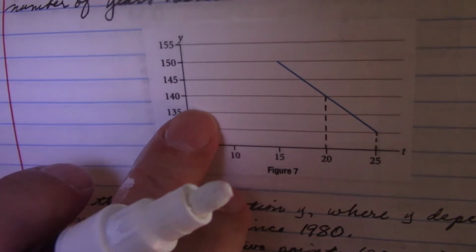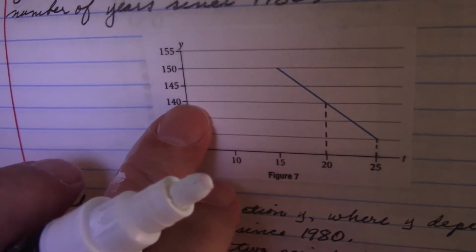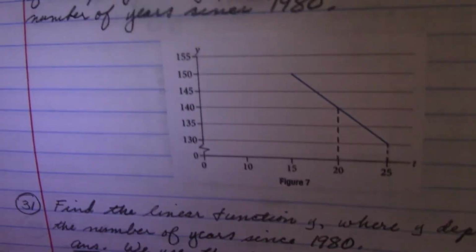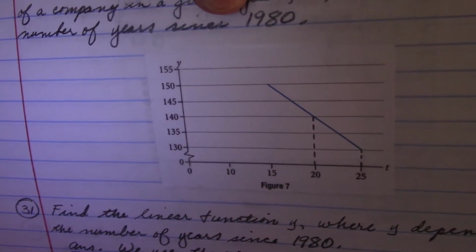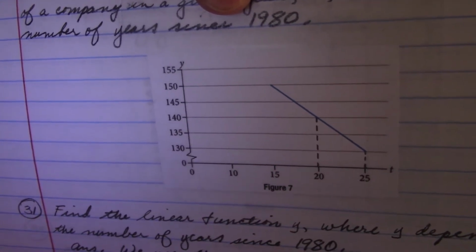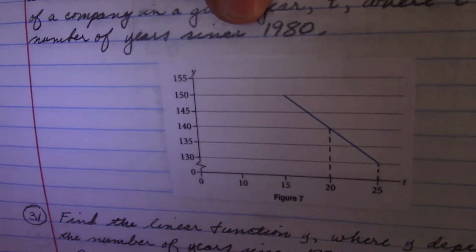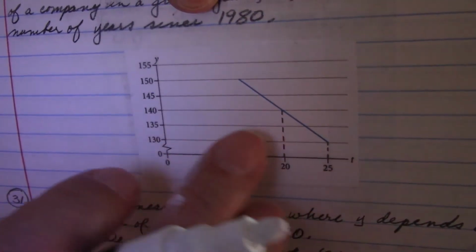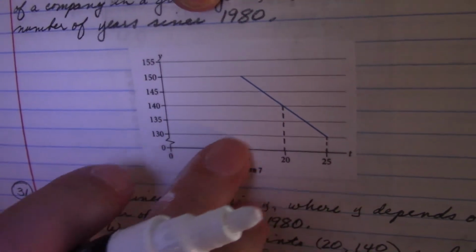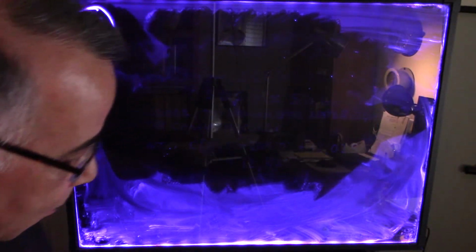You can use any 2 points on that line. They seemed easy to me to use. It doesn't matter which 2 you use. Pick ones that you can see the exact integer values for, so make it easy for yourself.